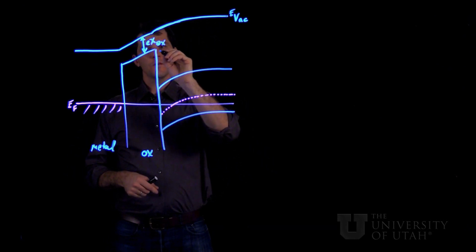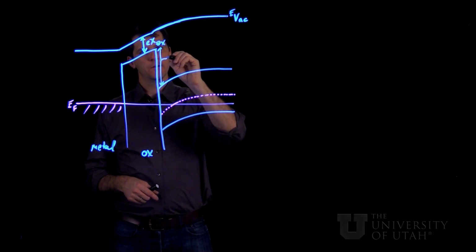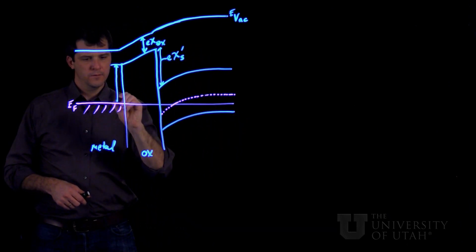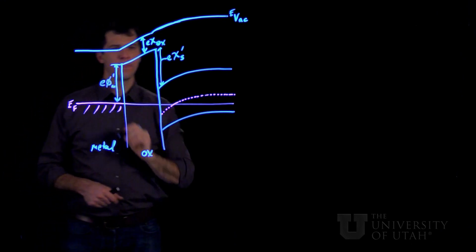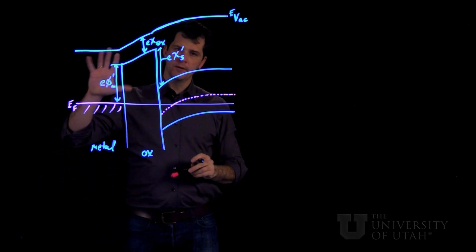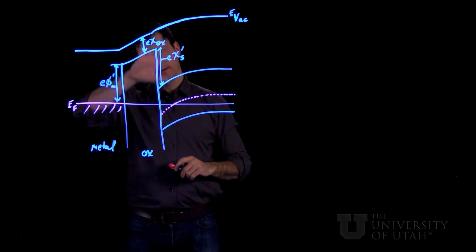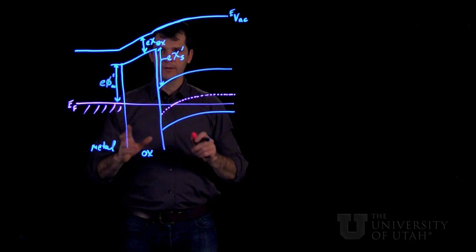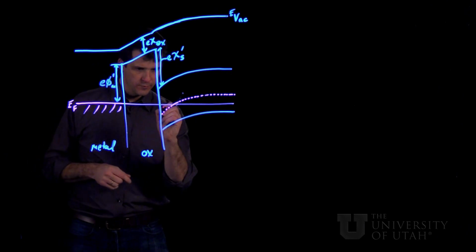So we can write this distance here is E chi semiconductor prime, and this distance right here is E phi metal prime. So we've just taken the original values and subtracted off this much. And that just keeps the notation a little more compact. We don't have to write out some extra terms when we start summing and subtracting voltages. So our surface potential appears right here.